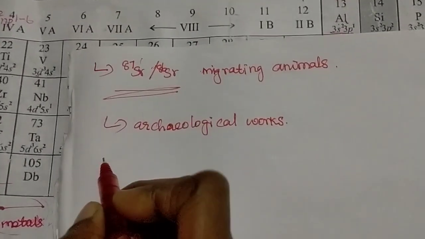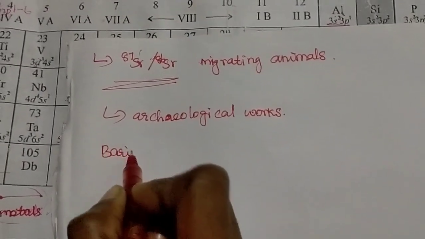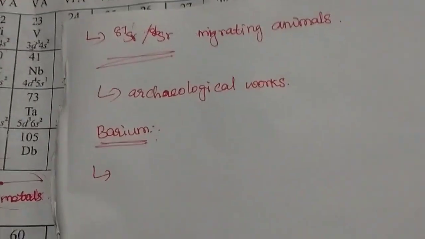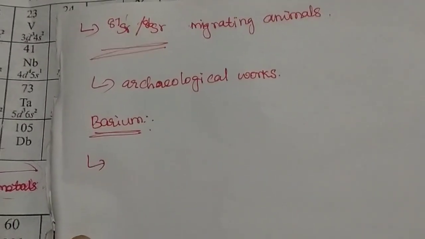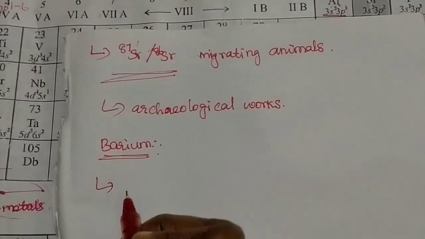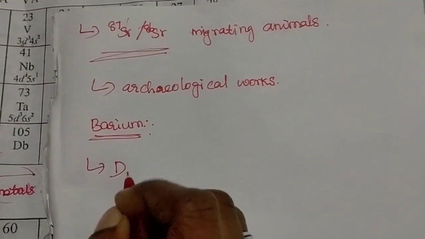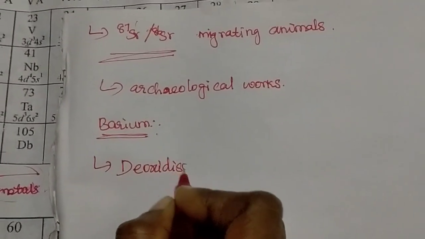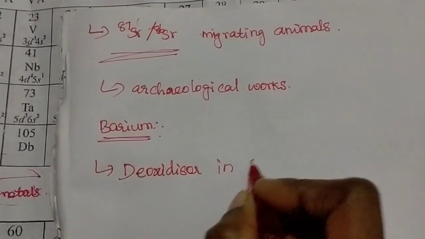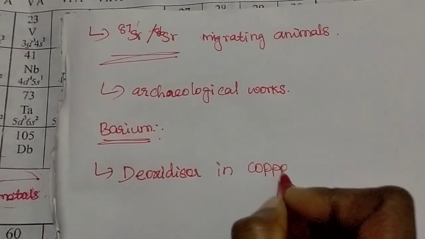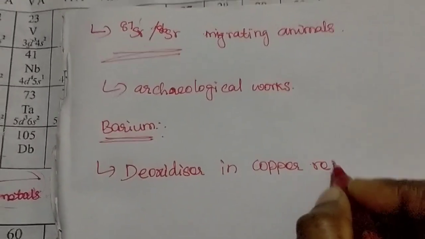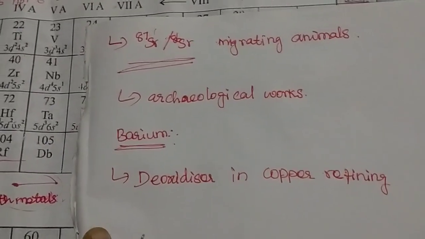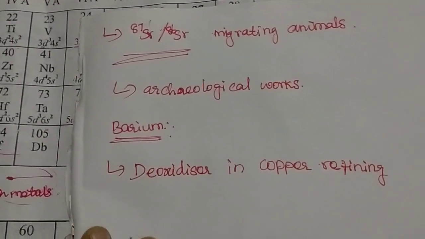And the next element is barium. The first use of barium is as a deoxidizer in copper refining. So in the process of refining copper, we use barium as a deoxidizer.